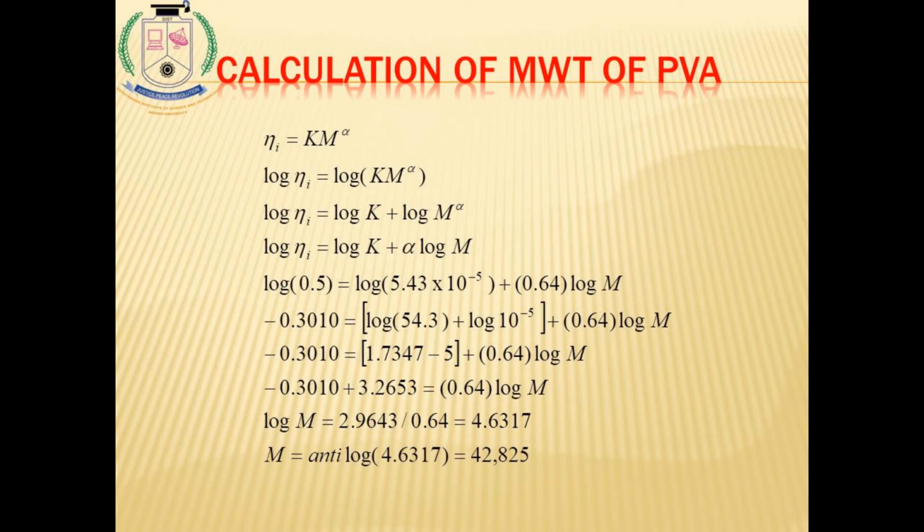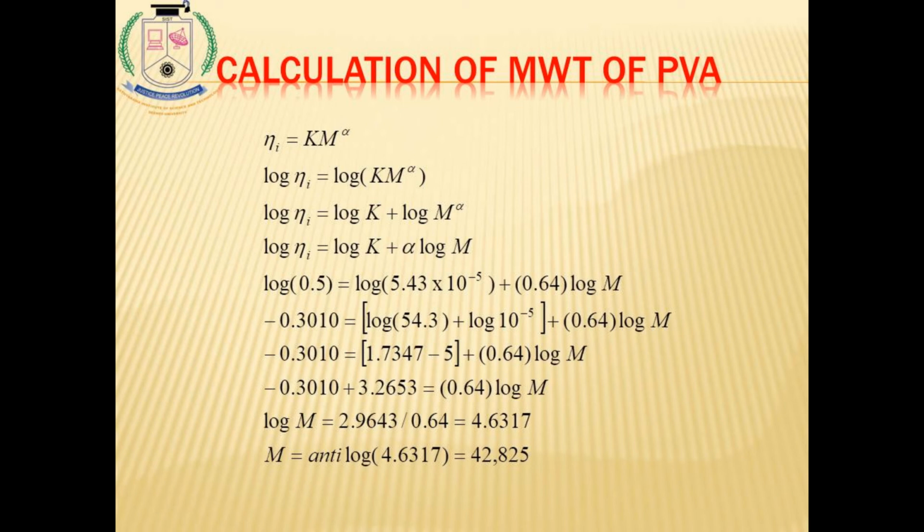Applying log on both sides, log eta I equals log K plus alpha log M. Substituting our present values, the intersecting point, that is the intrinsic viscosity, we are getting from the graph is 0.5.